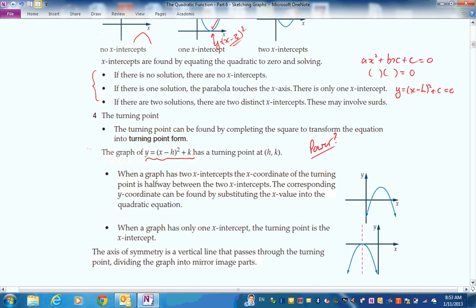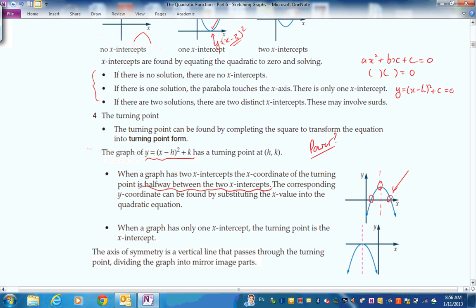Okay, here we go. When a graph has two x-intercepts, there and there, it might be concave like this, or convex. Here we can say the corresponding y value. So if there's these two here, like we've seen before, the vertex is on the axis of symmetry here, halfway between the two x-intercepts.